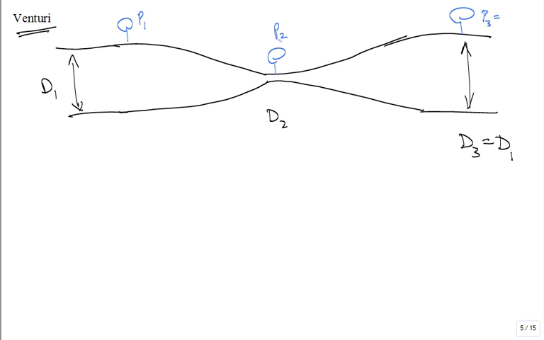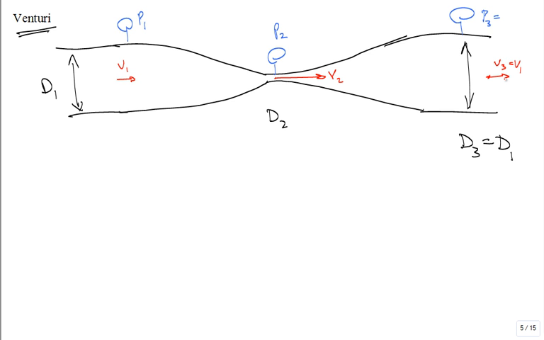It's lower. The speed went up. If I wanted to show a little vector for the speed, in the throat of the Venturi it's a really long vector, high speed, and then back down to the same speed. V3 is equal to V1, right? Good.